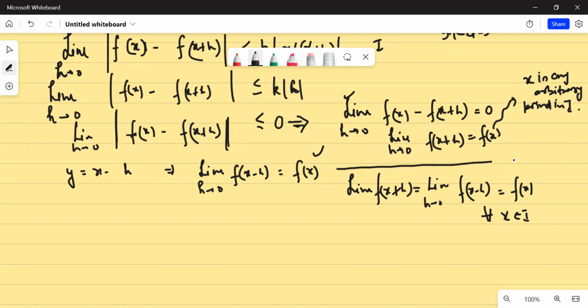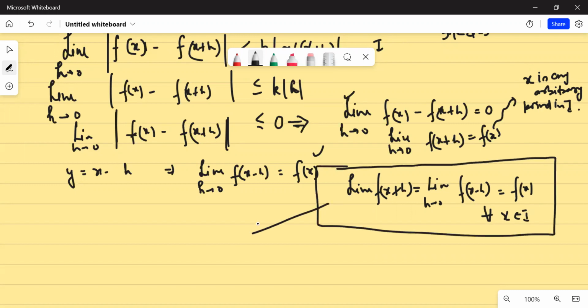It implies that your function f is continuous on I.